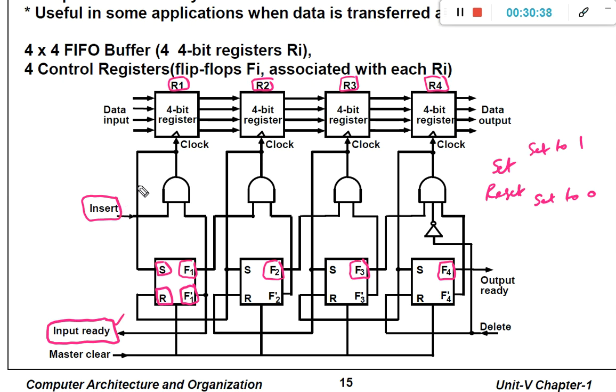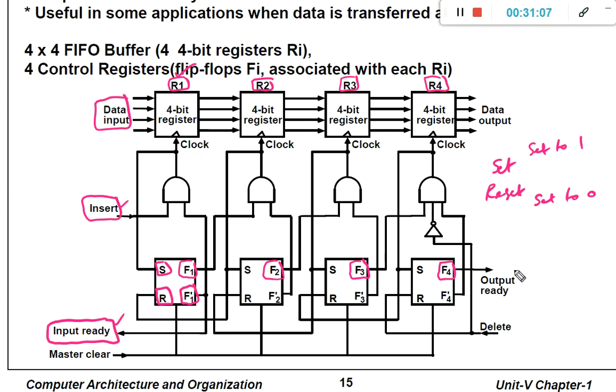These two control lines, input ready and insert, constitute a destination initiated pair of handshake lines. Based on the values of the insert line and the input ready line, data will be sent to the first register R1.